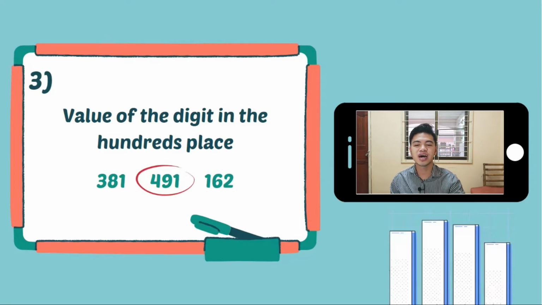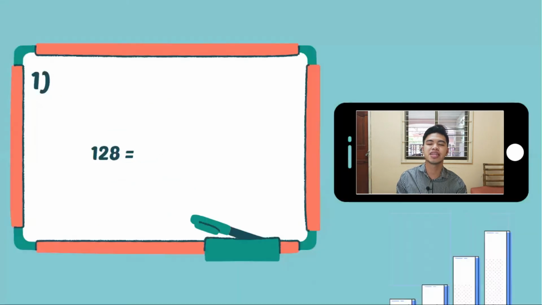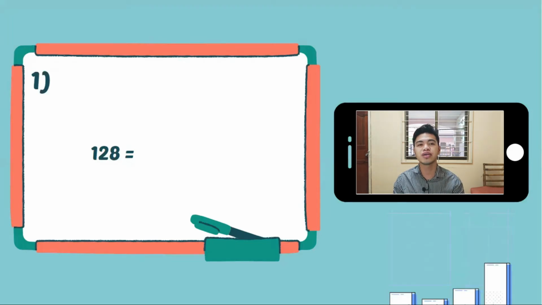Now we are going to have another section in which we are going to write the numbers in expanded form. Okay? The given will be numerals and then we're going to make it expanded form. So this is how we do it. For example, in number 1, we have the given number 128. So how are we going to write it in expanded form?